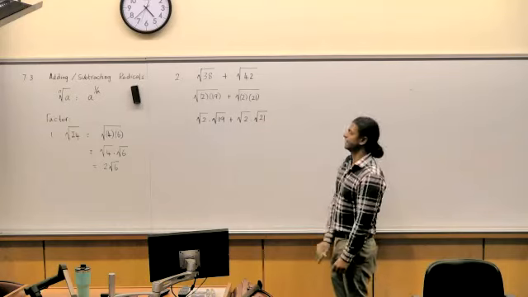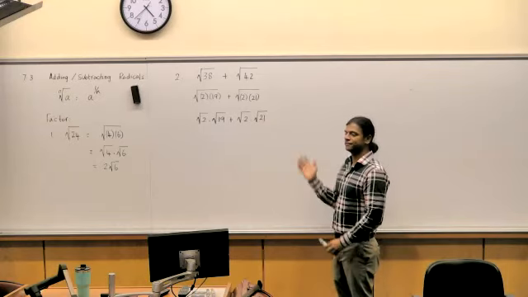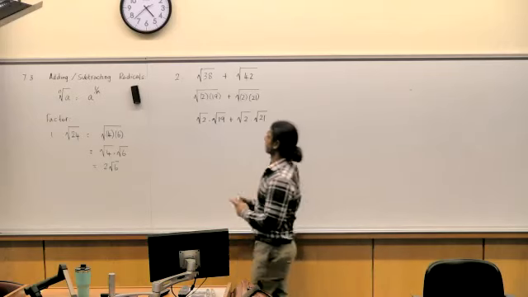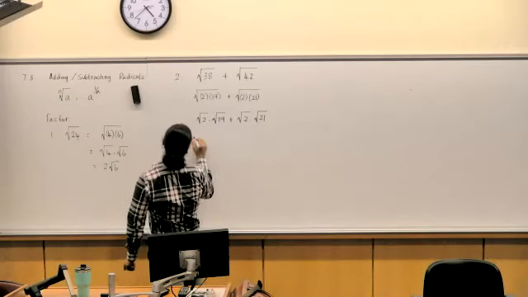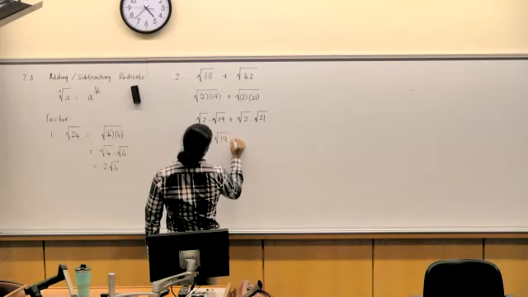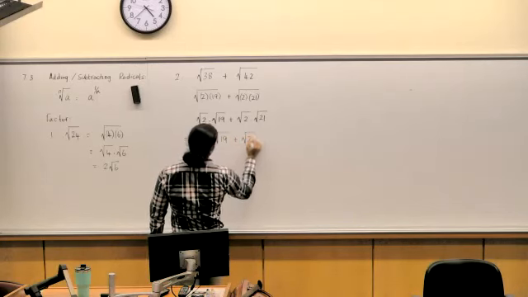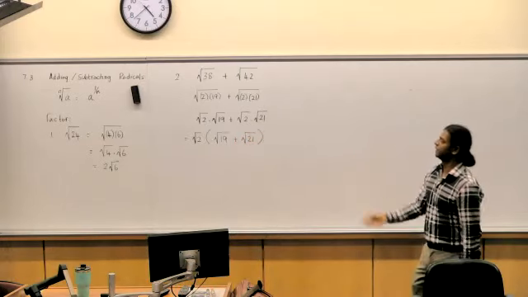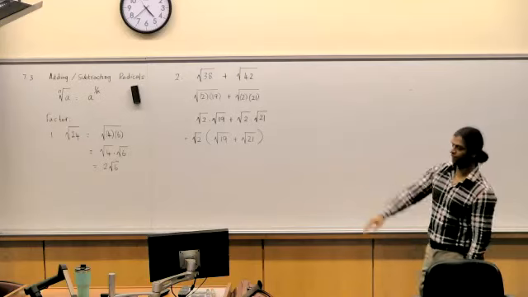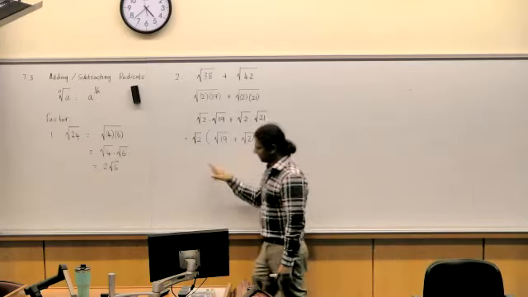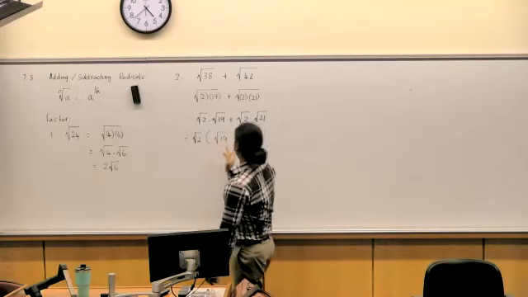Same over here. What do I have in common now? Root 2. So if I pull root 2 out, I can write the answer as root 19 plus root 21 times root 2. It is very trivial in this case because these are numbers.